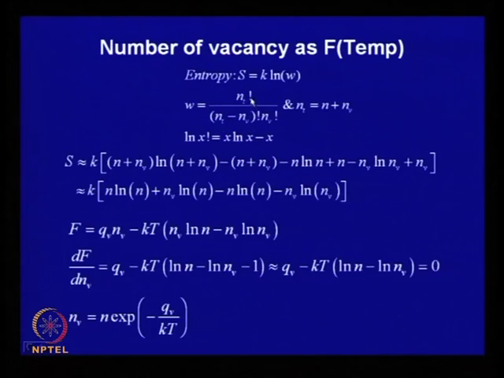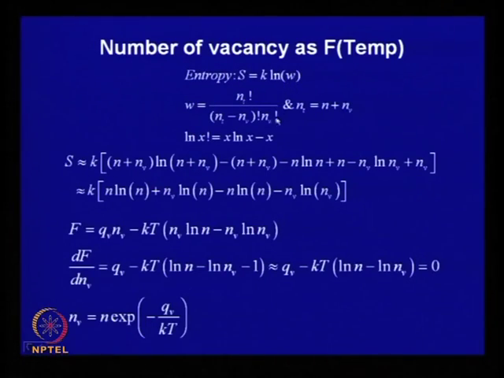Therefore, the number of arrangements is reduced by this factorial, and the number of vacancies are also indistinguishable. And entropy has a relationship with the way these arrangements can be made, which is shown over here. Entropy is equal to k times ln W.